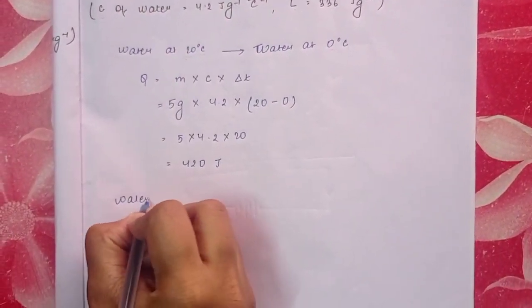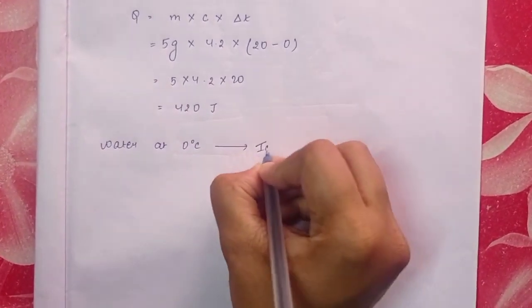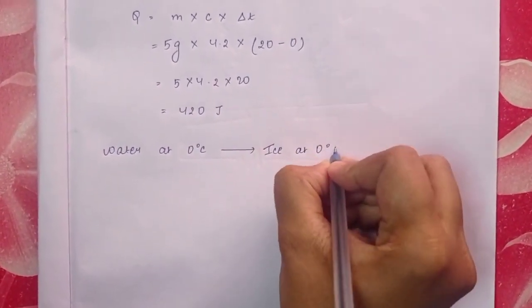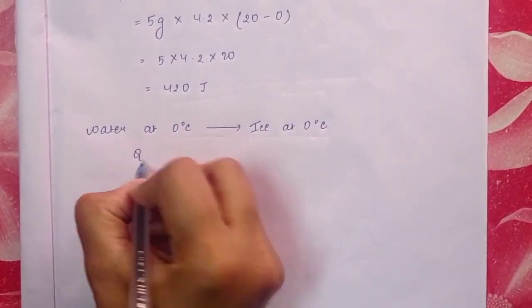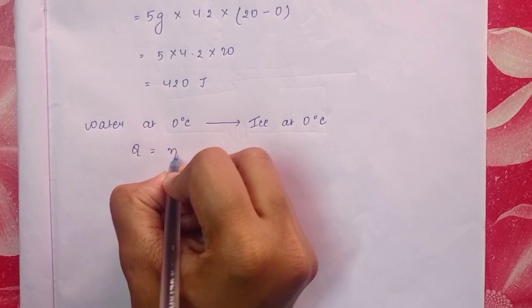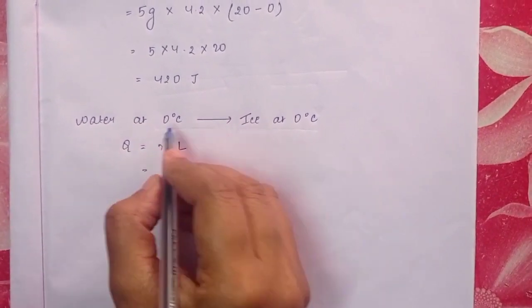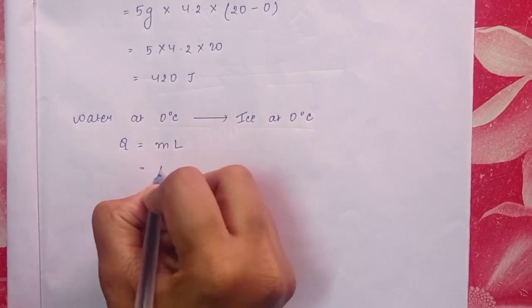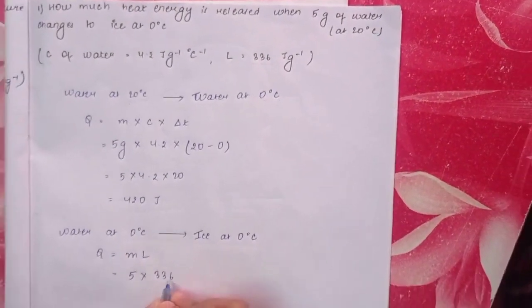So water at 0 degrees Celsius will convert to ice at 0 degrees Celsius. So in this case, as you can see, no temperature change occurs. So the amount of heat released will be equal to mL, where we are considering the specific latent heat because no change in temperature occurs. So the mass is 5 into the value of L is given as 336.